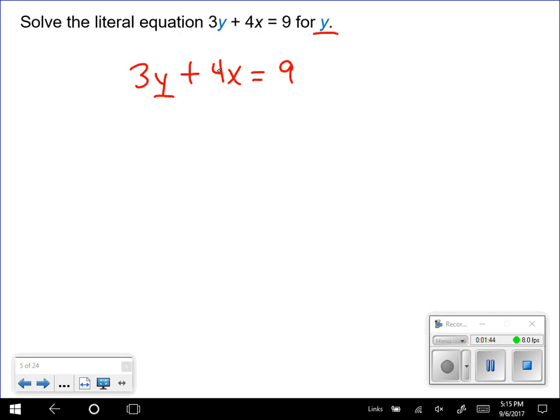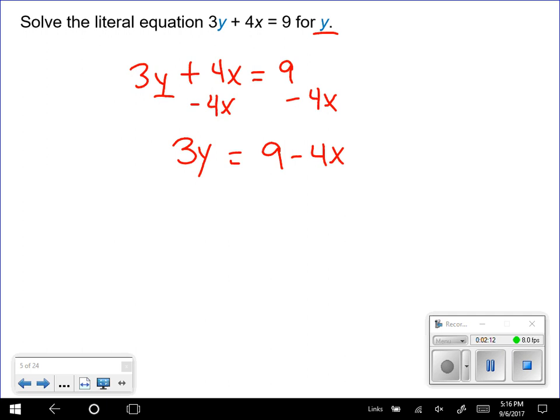I have this 4x here, and I can treat it just like if I was just adding 4 and not 4x. So if I subtract 4x from this side, I would have to do it to this side as well. So now what I'm left with on this side is 3y equals, and over here I can just write what I have, 9 minus 4x. Remember, I can't combine these like I would normally be able to because they're not like terms.